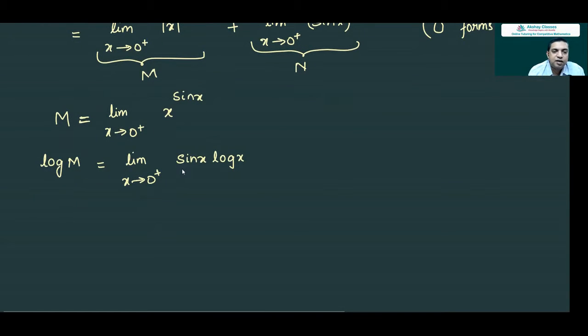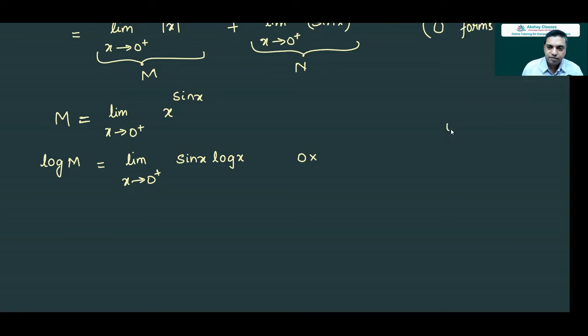Now this part becomes 0, and what does log x become as x tends to 0 plus? As x tends to 0 plus, what will be the value of log x? Answer? Anyone? Minus infinity. Very good.